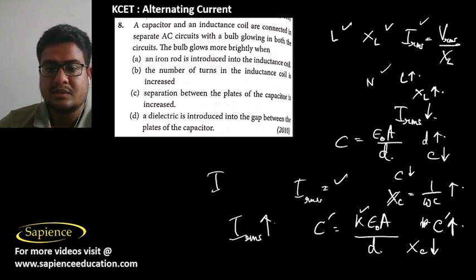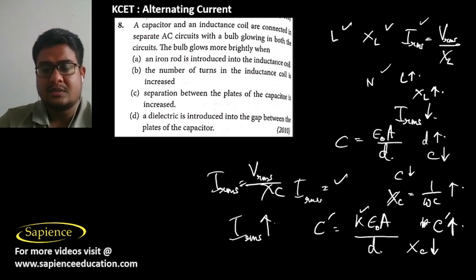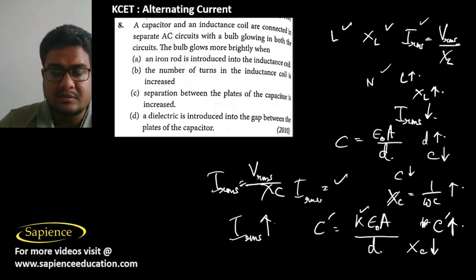This is why the current IRMS in the case of a capacitive circuit is equal to VRMS by XC. When XC decreases, IRMS increases.